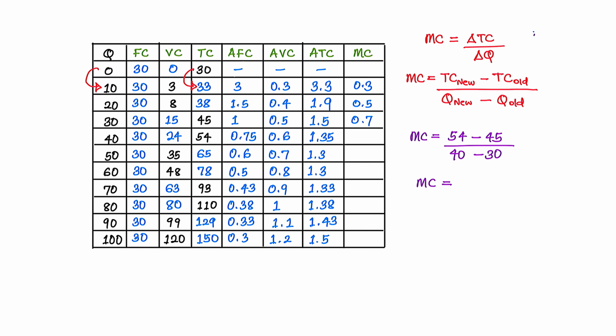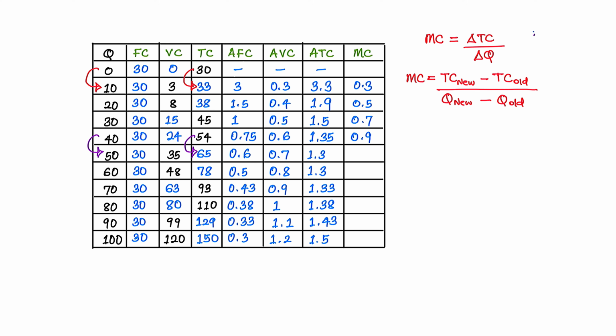Calculating, the marginal cost equals 54 minus 45, that is 9, divided by 40 minus 30, that is 10. So simplifying, the marginal cost equals 9 divided by 10, that's 0.9. So our marginal cost is 0.9.